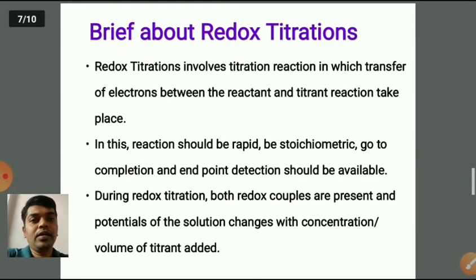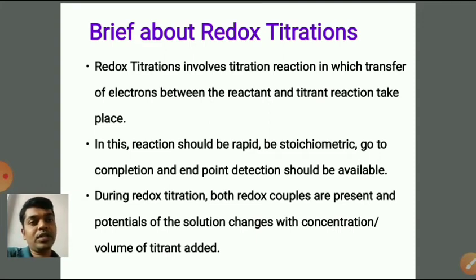Now let's see a brief introductory part of redox titrations. Redox titrations involve titration reactions in which transfer of electrons between reactant and titrant takes place. Now, to carry out this redox titration, certain criteria must be fulfilled.